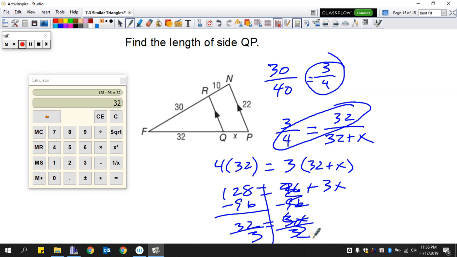So x is equal to 32 divided by 3, which is, oops, not 30, 10. So x is equal to 10.67.